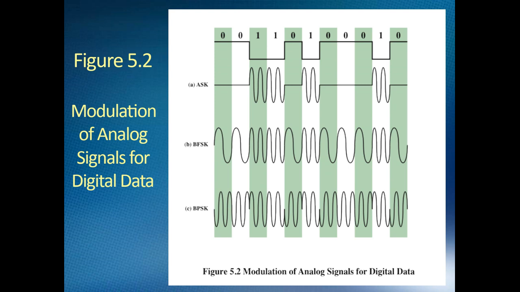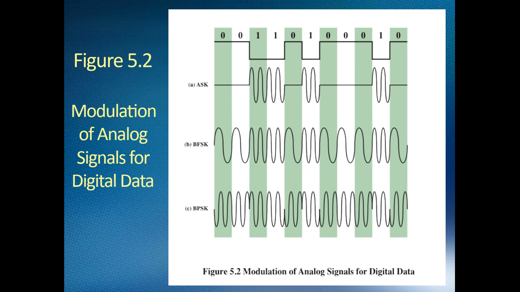The third method is phase shift key. It is a change of direction, the angle. When it is 0, the angle is going like this, right? Do you notice? 0 is going like this. When it hits 1, it's going the opposite. Right? So it is a shift.